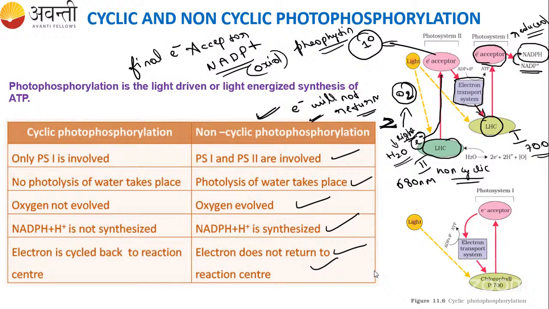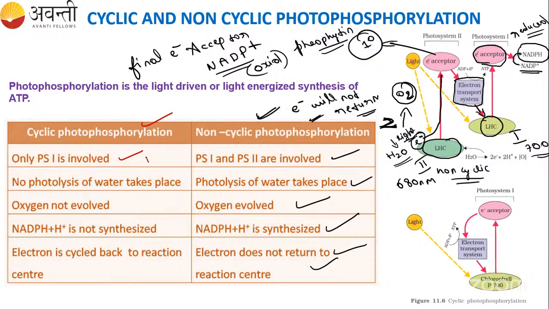Whenever the light intensity is less, at that time it is going to undergo cyclic photophosphorylation. And what happens in the cyclic photophosphorylation, guys? Mainly, in the cyclic photophosphorylation, it will take place only sometimes. In the cyclic photophosphorylation, only one photosystem is involved.